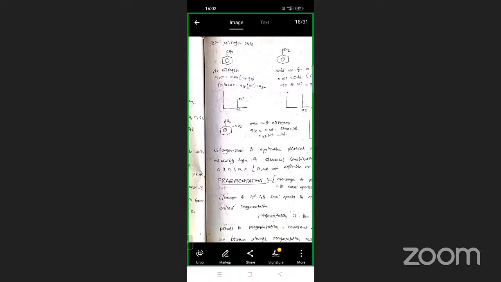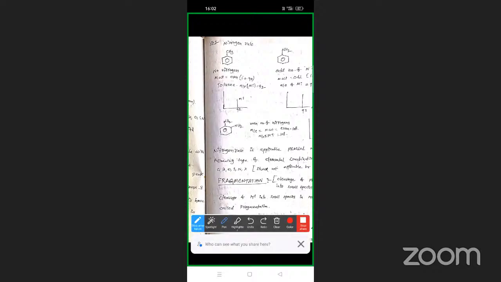And if you take toluene, in the examination they won't give the structure or the molecular formula.